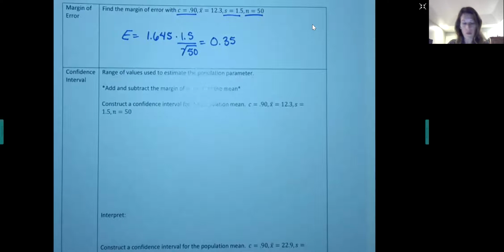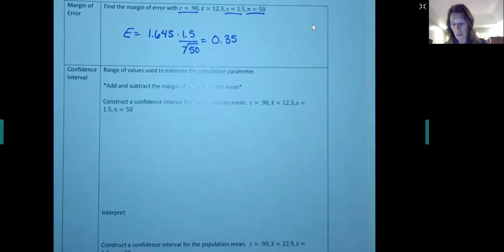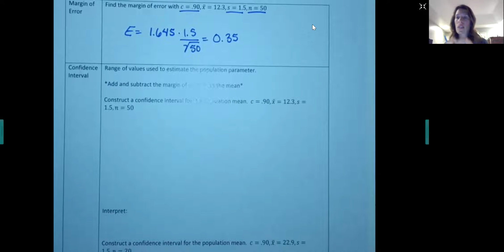The next thing we're doing is we are going to find our confidence interval. So what this is, it's a range of numbers that we are going to use to estimate the population parameter. What that means is that we are going to say that I think that this mean is inside these numbers. The population mean is inside these numbers.